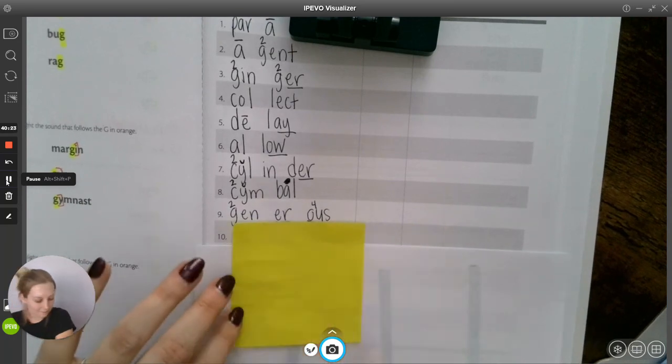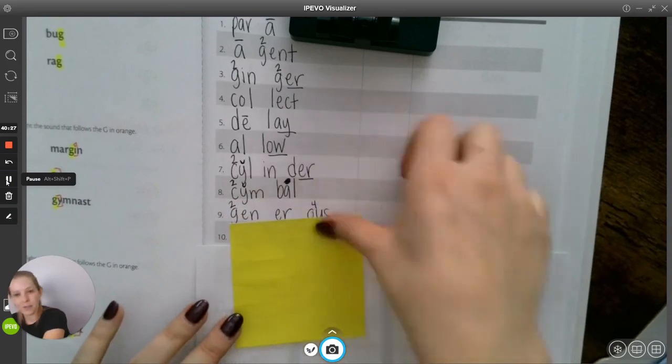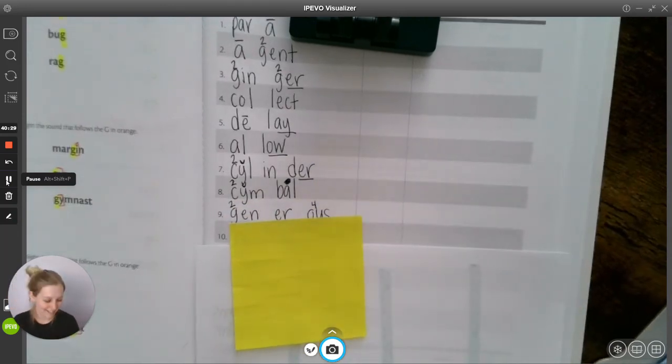Number 10, recess. Whoops. Some sticky note you are. Recess. The children played tug of war during recess. Two syllables, recess. First one is re, sound it out. E, finger spell.